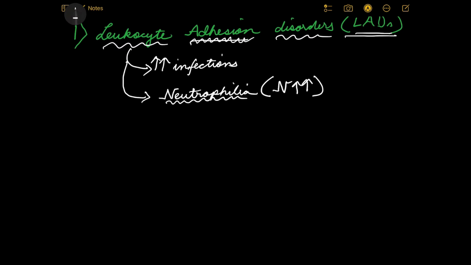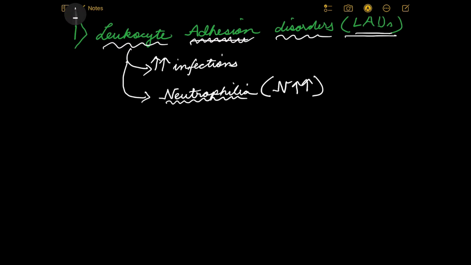It was a tactic employed by our body to push the leukocytes, the neutrophils, out of the blood vessel so that they can migrate to the offending agent source present outside the blood vessel. But now you cannot do that.